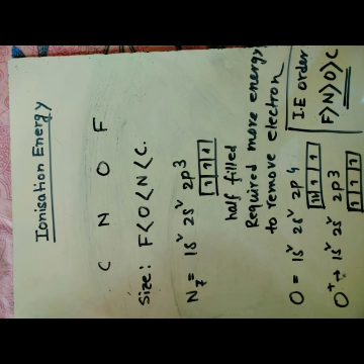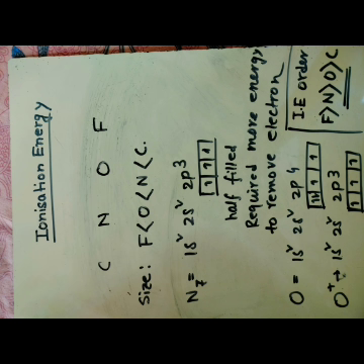You know, nitrogen has a half filled electronic configuration, that is 1s2, 2s2 and 2p3, a half filled p orbital present in its valence shell. So more energy is required to remove an electron from the nitrogen atom. Similarly, the oxygen atom, though its size is smaller than nitrogen, when oxygen removes an electron, it gains a half filled electronic configuration.